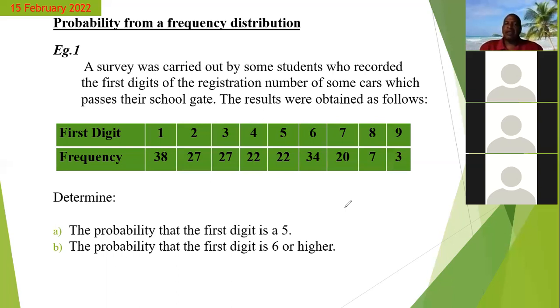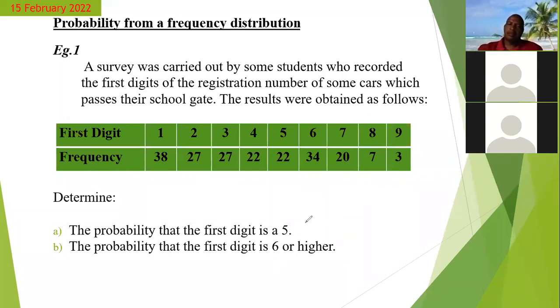All right. So now if we are trying to find the probability of the first digit being a 5, how would we calculate that? So the probability of the first digit being a 5 is equal to what? 22 over 200. Can we simplify that into a much simpler fraction?